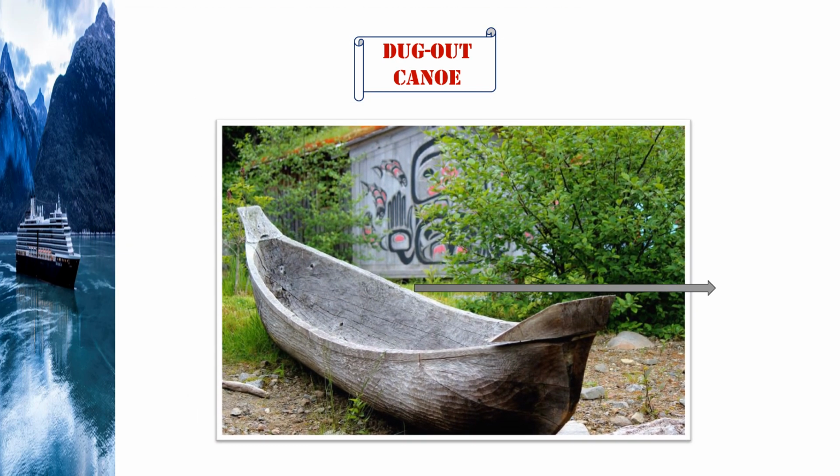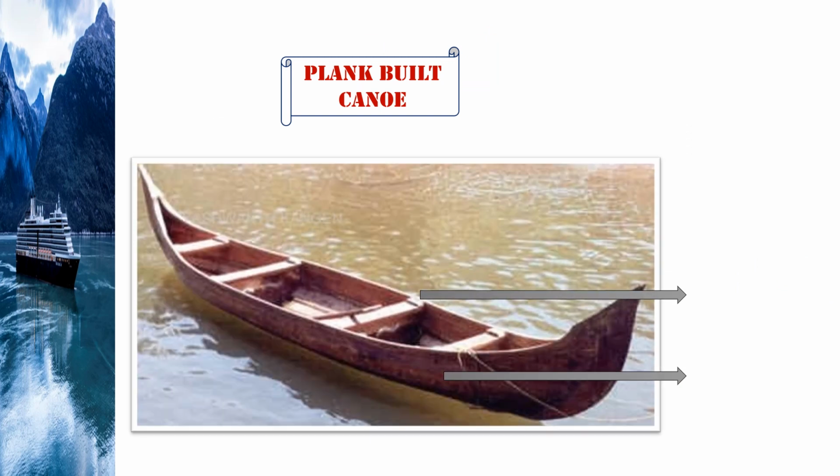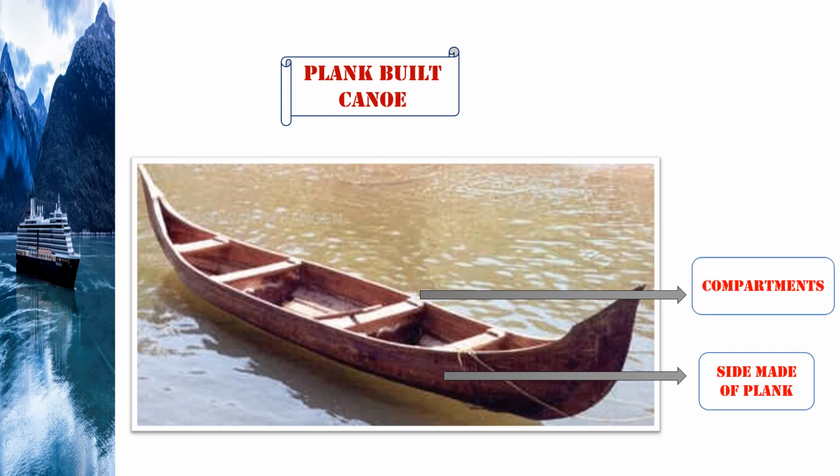It is the picture of dugout canoe. It has hollow log. It is the picture of plank-built canoe. Here the sides are made of plank for protection. Here the compartments are present for carrying goods.